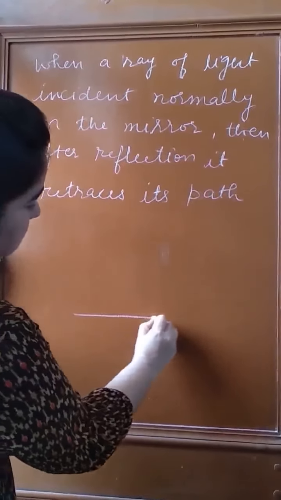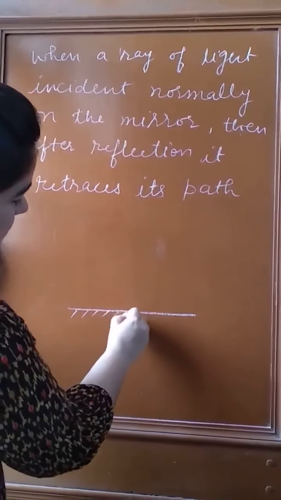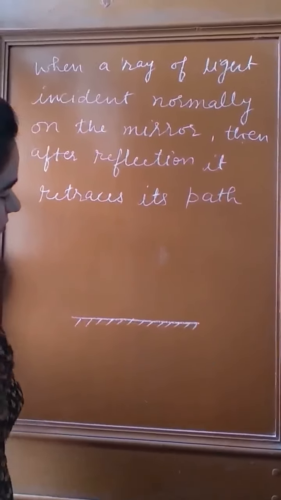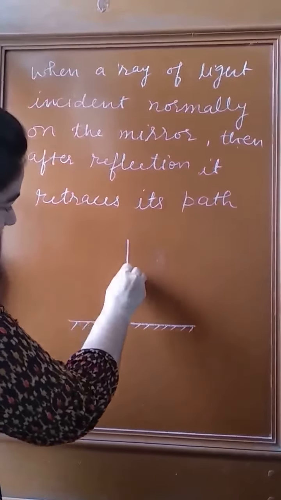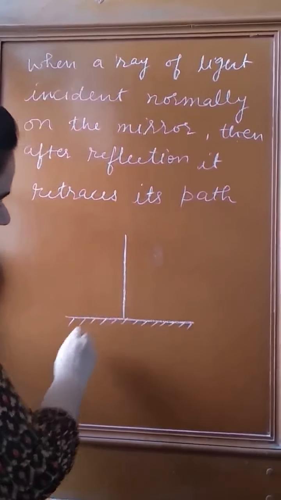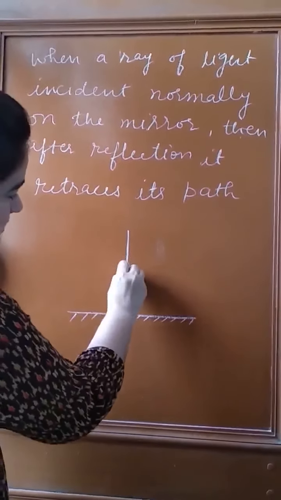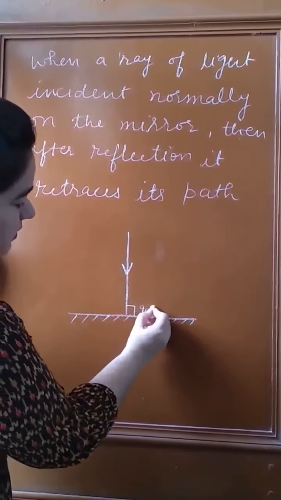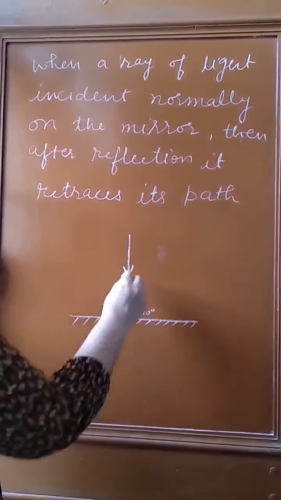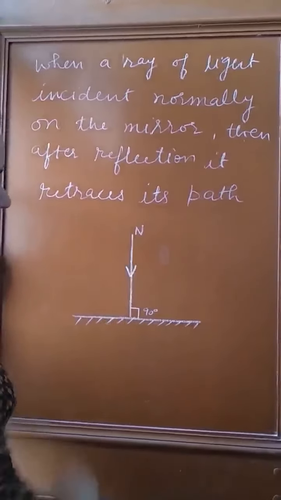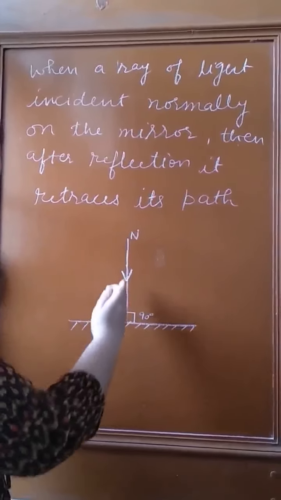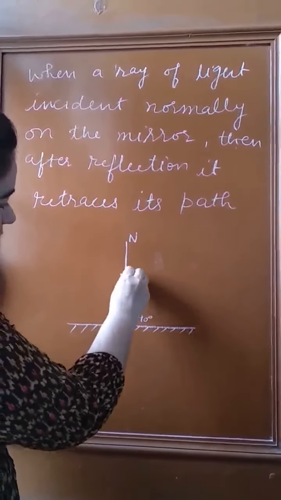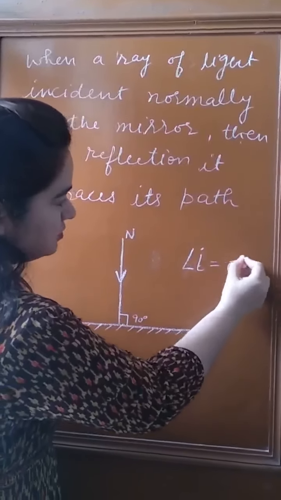Now consider a mirror. When a ray is incident normally on this mirror, means at 90 degrees with the mirror, and the normal is also in the same direction, then i is equal to 0 degree.